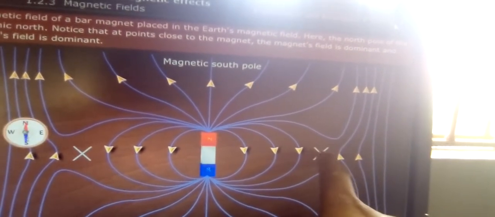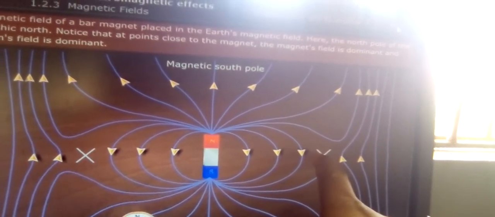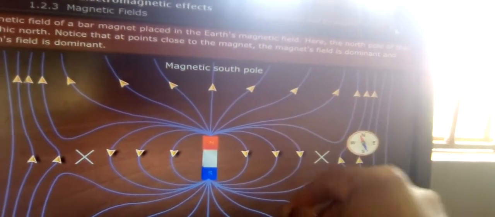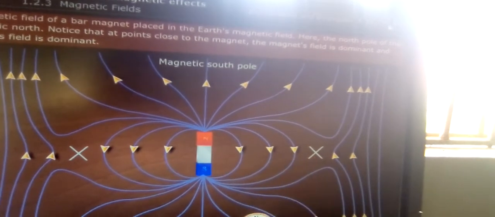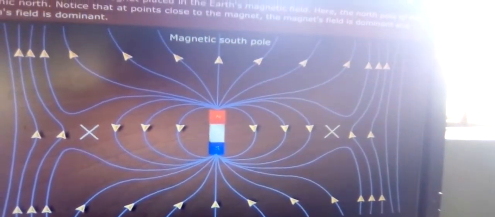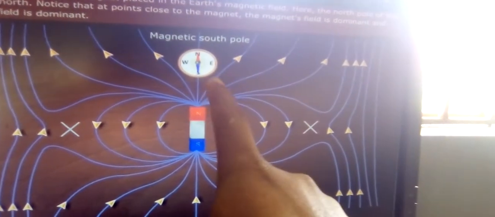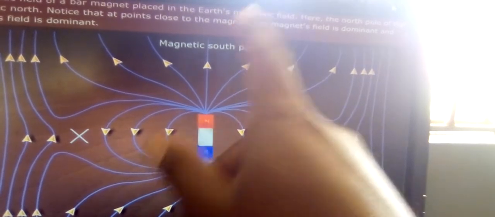This is a point where the attractive force is no longer there. It's zero. So it can attract up to a particular point. At this point, we have no resultant force. You find that when the compass is placed here, it will just rotate around.